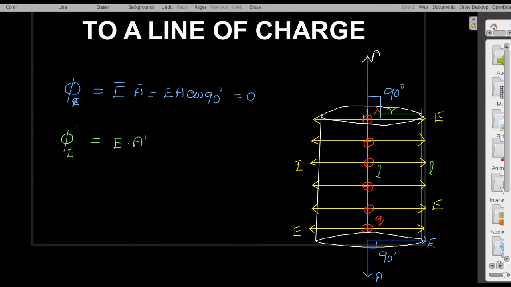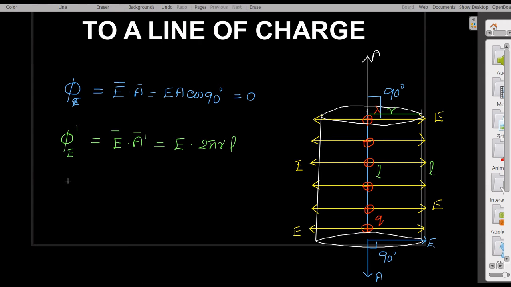This curved surface area is different. So E dot A dash is equal to E into total area of the curved surface, 2 pi R L. So this is the total flux which crosses through the curved surface.